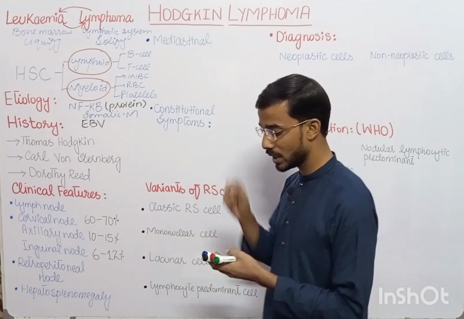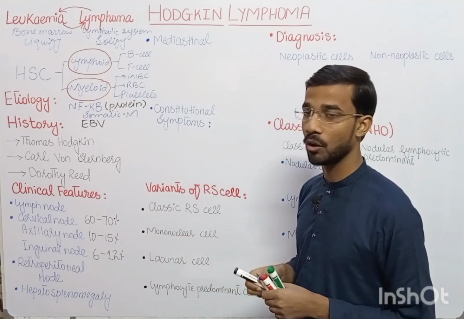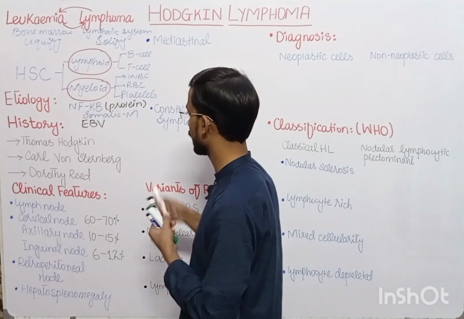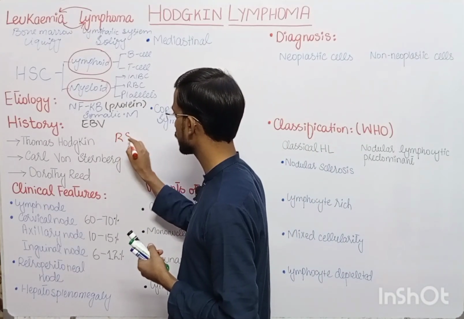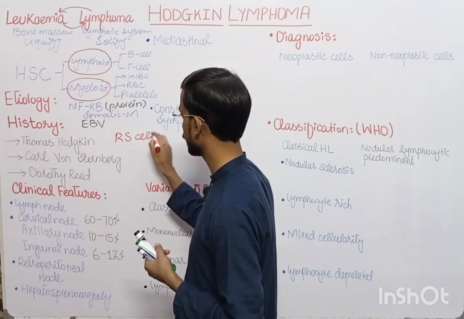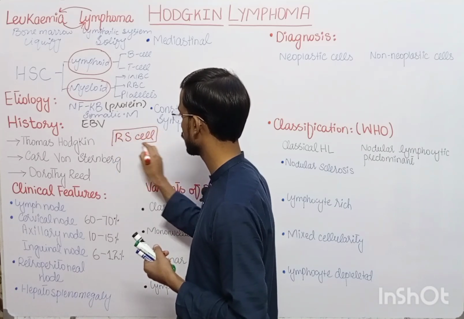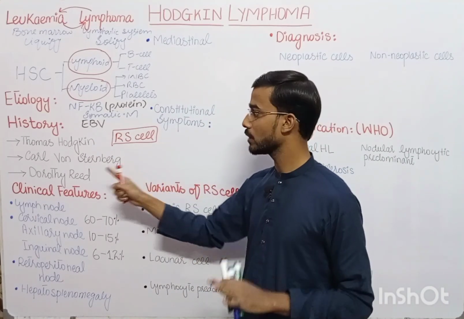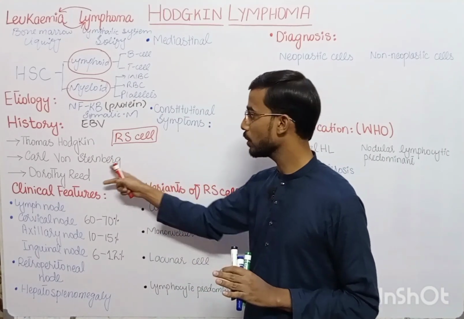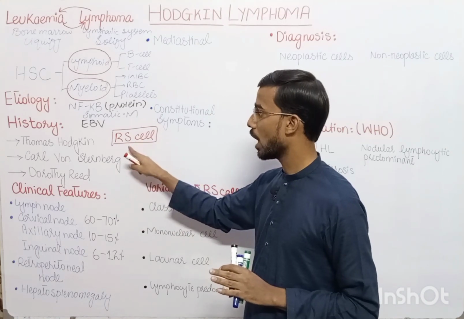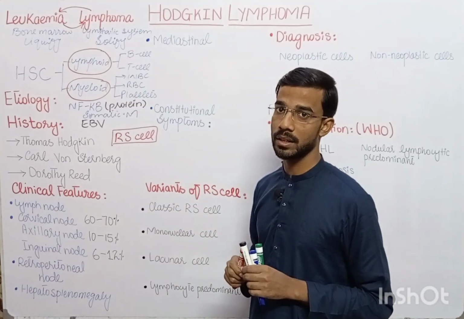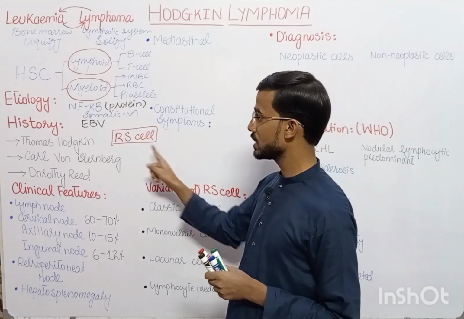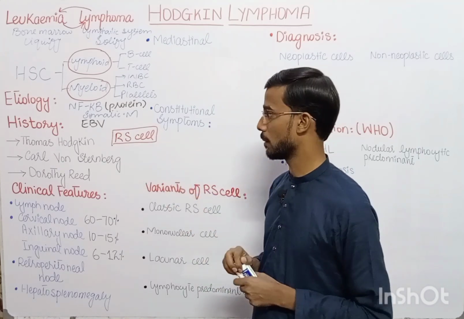An important characteristic of Hodgkin lymphoma is the Reed-Sternberg cell, RS cell. Carl von Sternberg and Dorothy Reed contributed to the RS cell, the Reed-Sternberg cell, which is actually present in Hodgkin lymphoma.